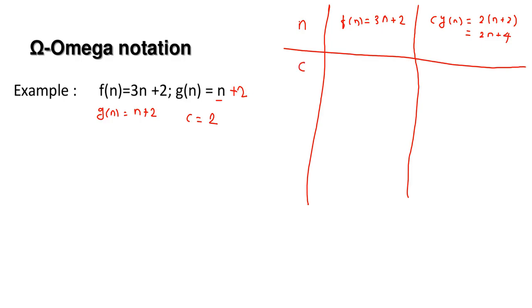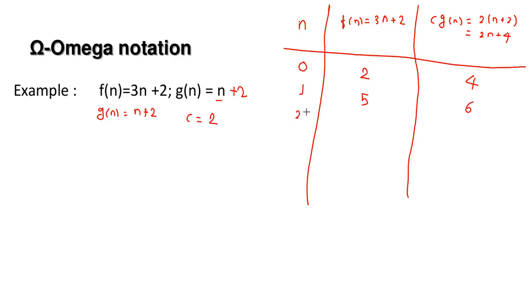For n equal to 0, we get f of n equal to 2 and c into g of n equal to 4. For n equal to 1, we get 3 into 1 is 3 plus 2 is 5, and 2 into 1 plus 4 is 6.